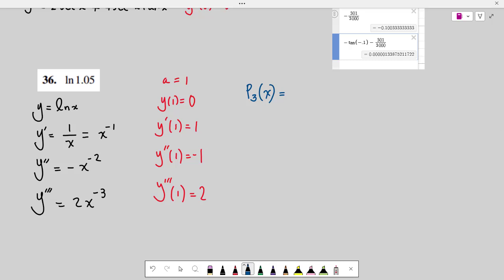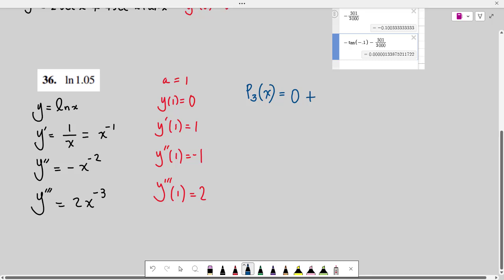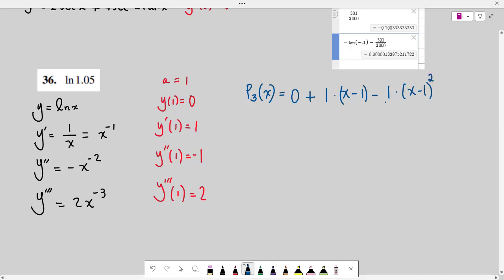Yep, 2 to 4. So constant first is 0. And then it's going to be 1 times x minus the center. What did we choose for our center? So x minus 1 raised to the 1 power divided by 1 factorial if you wanted. Next constant, minus 1 times x minus 1 to the 2 divided by 2 factorial.